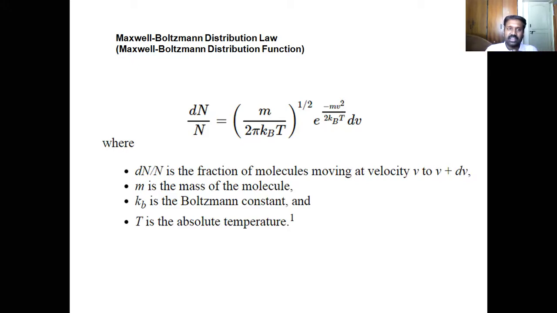And what are the terms here? dn by n. What is the dn by n? It's the distribution now: the fraction of molecules moving with a velocity of v to v plus dv. Let us choose a small range of velocity.